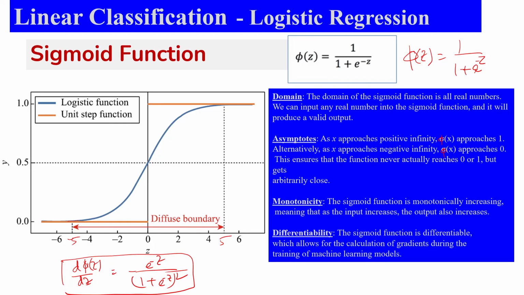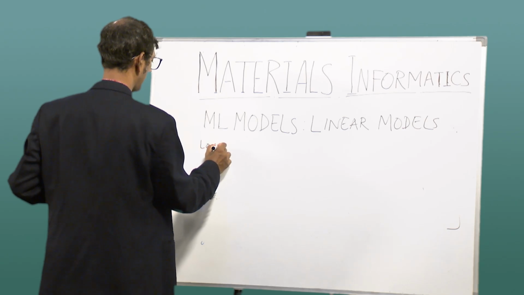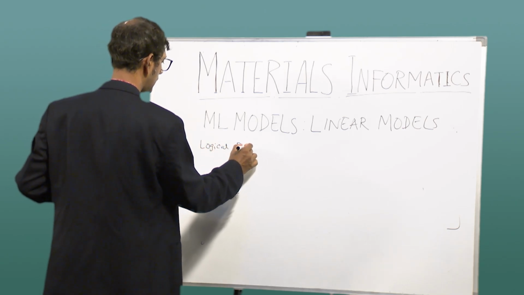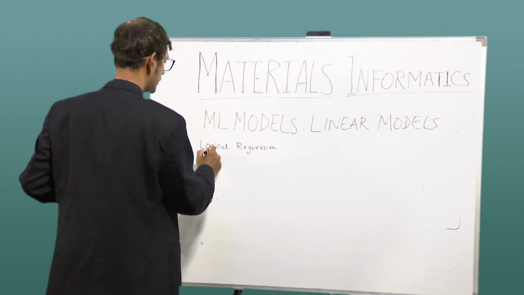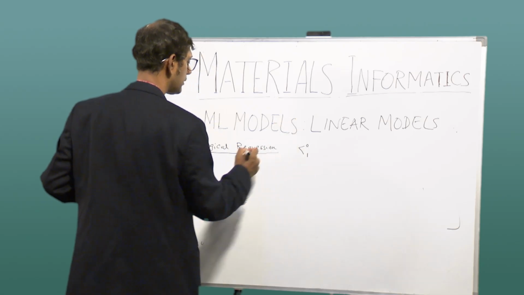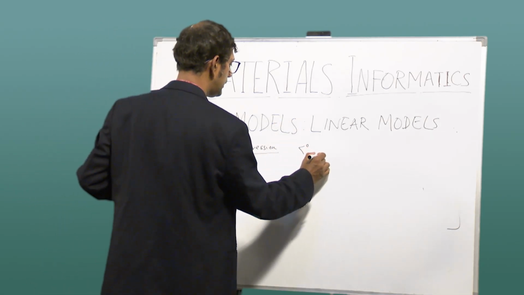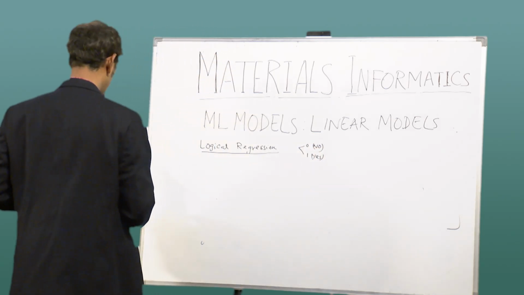Logistic regression can actually be of different types. You can do different kinds of logistic regression. I will go back to the board. We are talking about logistic regression, which predicts 0 or 1, yes or no. There are different types.